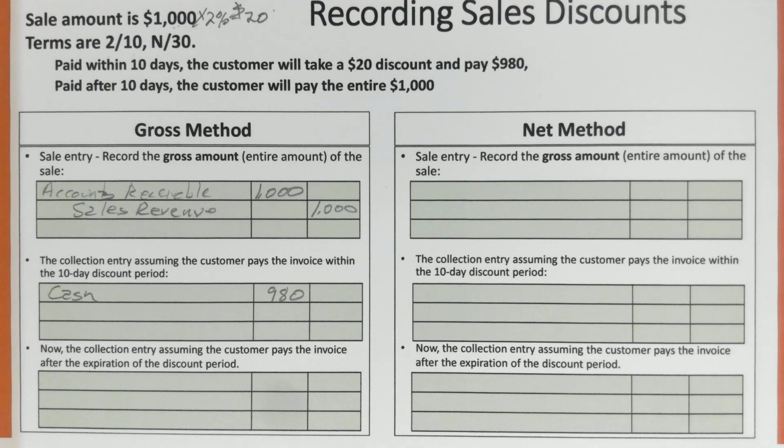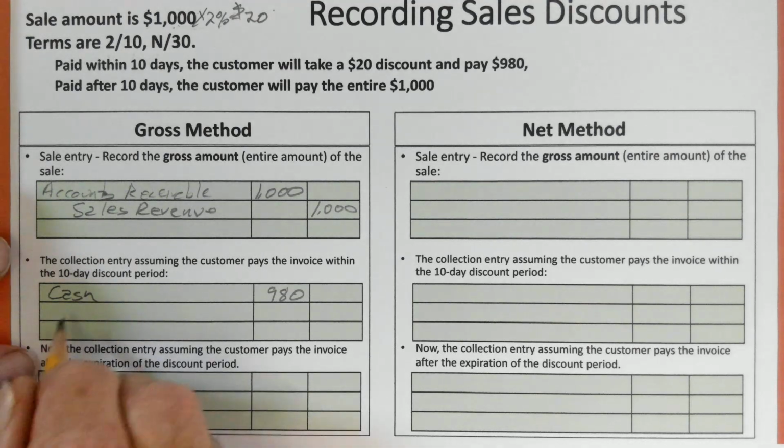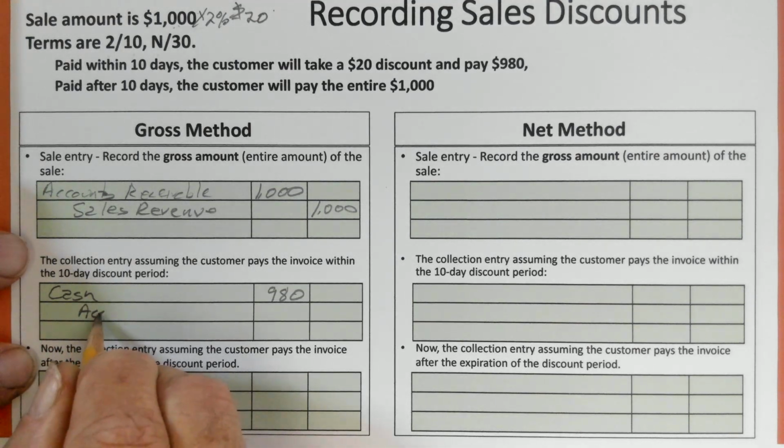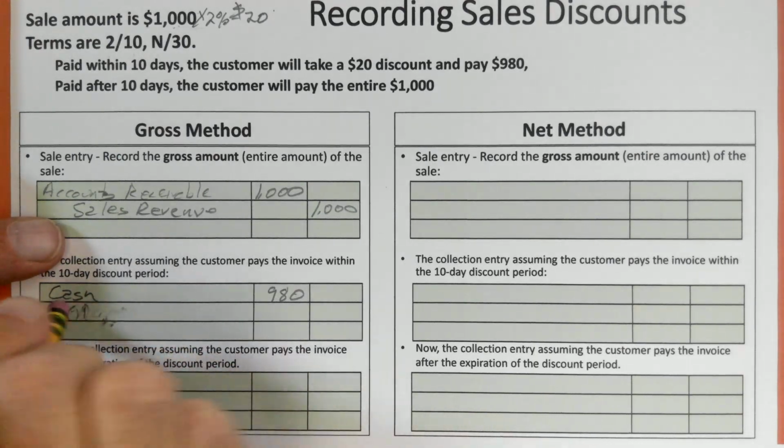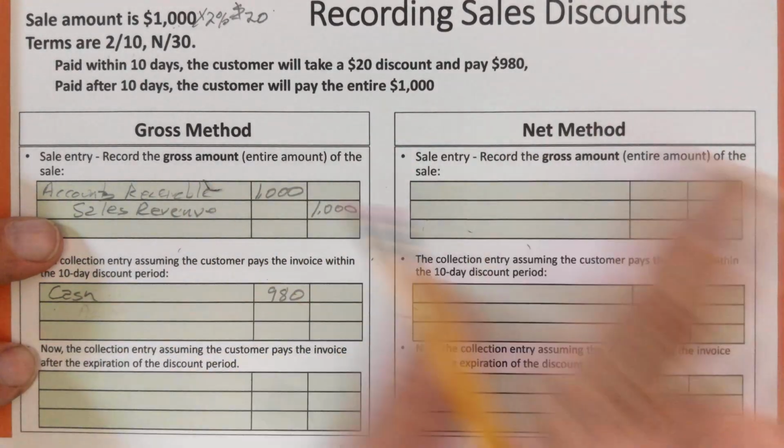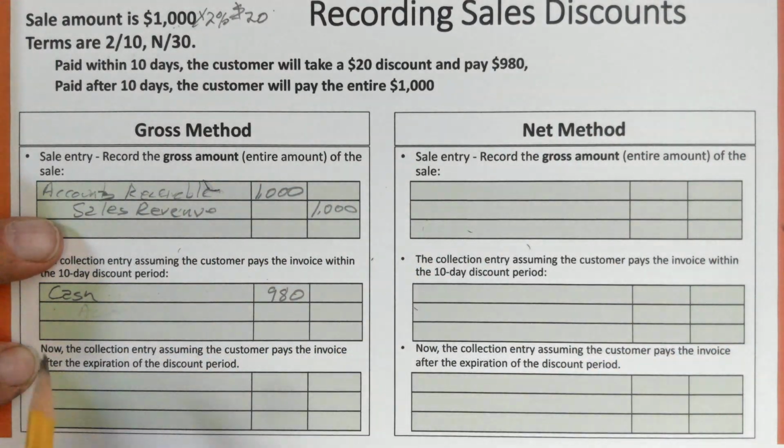So what we want to do to reflect that is to credit accounts receivable. Oh, hold on. I don't want to credit accounts receivable here because I think I've got another debit that's got to come into play.